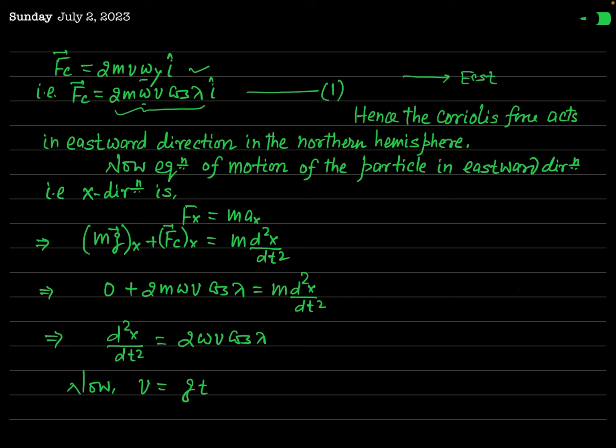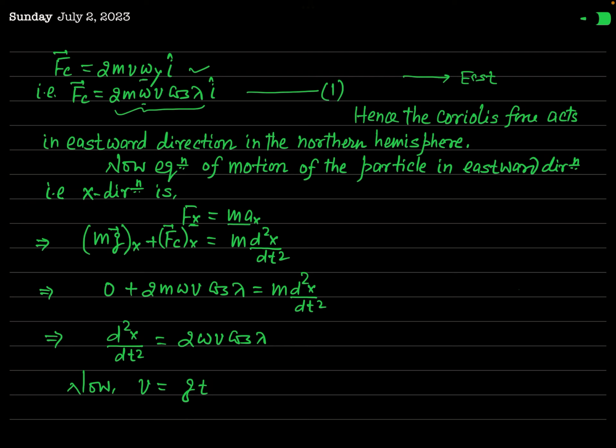Mark it here. This Fx is the total force acting on the particle in the x direction, or eastward direction, and that will be equal to mass times acceleration of the particle in the x direction. This acceleration is due to the rotatory frame. But you know, in a rotatory frame, two forces act on the particle: one is a real force and another is a pseudo force.